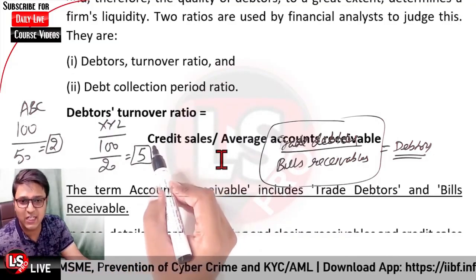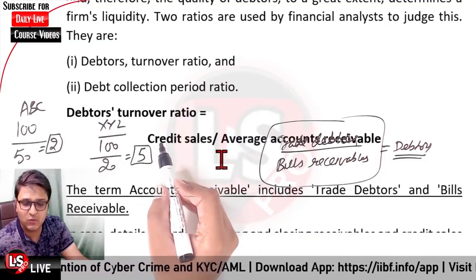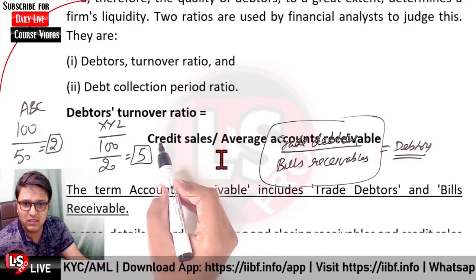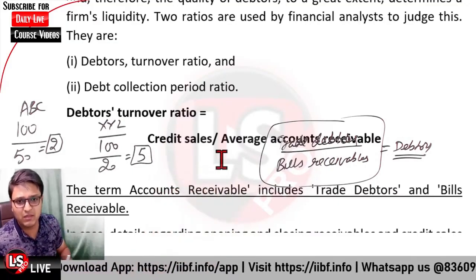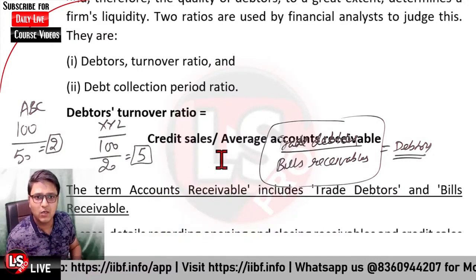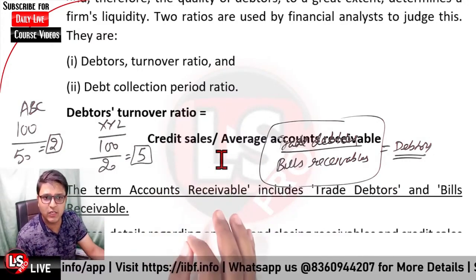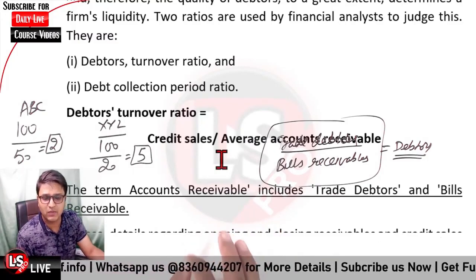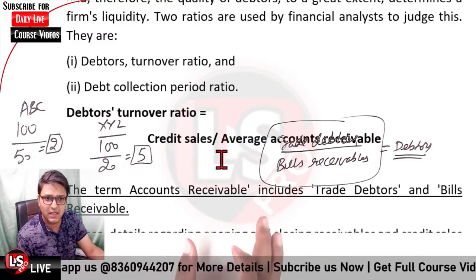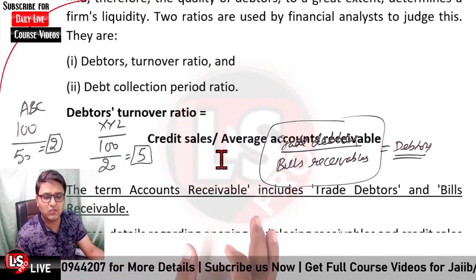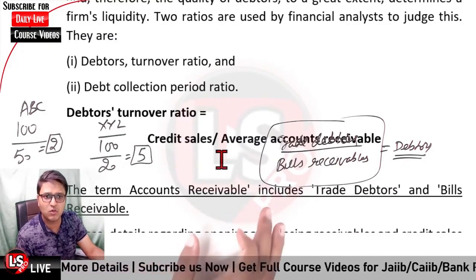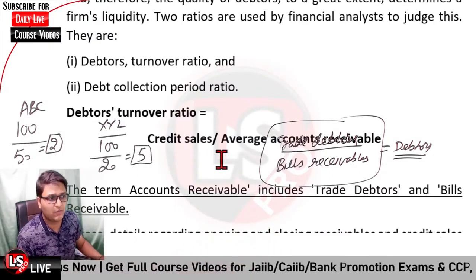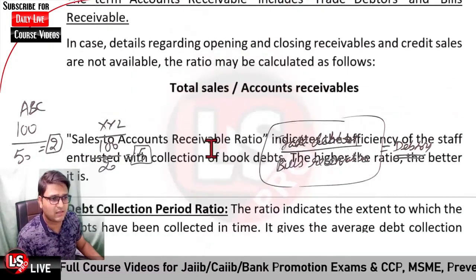The credit sales were the same, but in firm ABC the denominator part is larger, since your receivables are more. In the case of XYZ, your receivables are lesser.